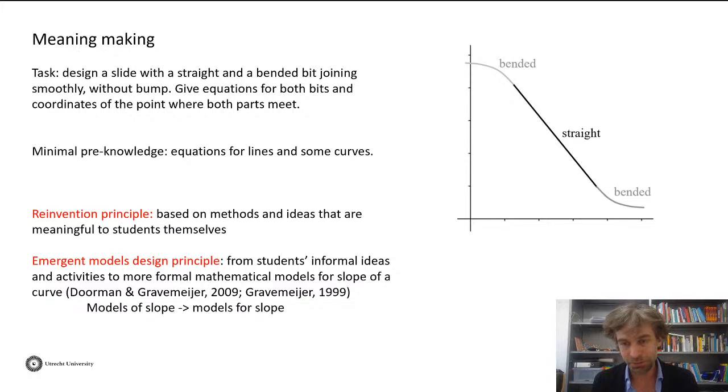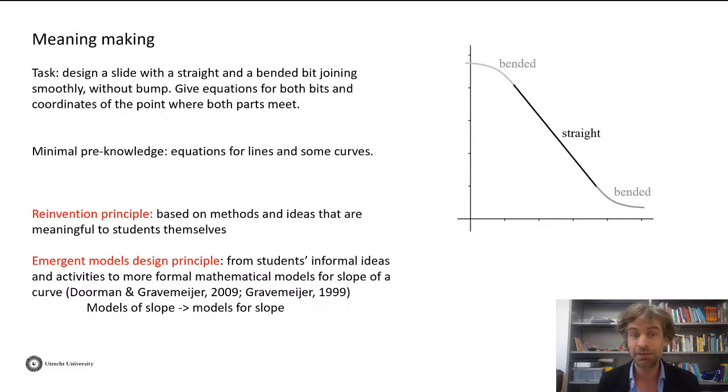And then the other thing, which has already been suggested by many things I said, is the emergent models idea. So you have to be patient. You should definitely not expect students to come up with the limit of delta x goes to 0 of delta y divided by delta x. Of course, that's not what is going to come out of this task.